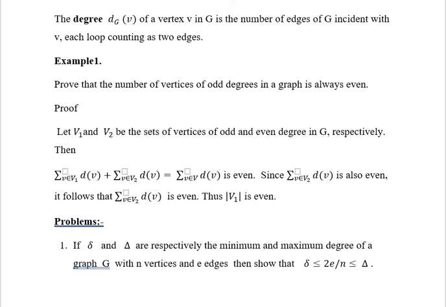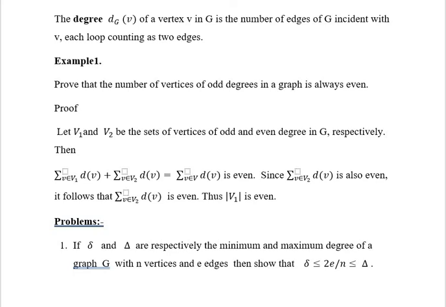For its proof, if a graph is given to you, we will partition the total vertices in the graph into two sets, say V1 and V2, where V1 indicates the set of vertices with odd degree and V2 indicates the set of vertices with even degree.